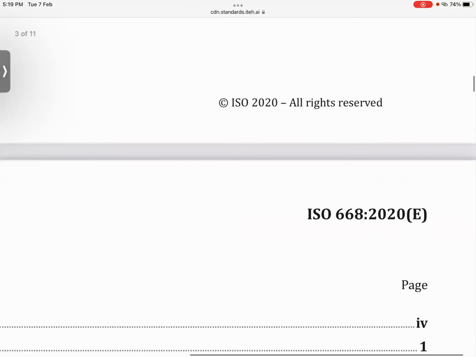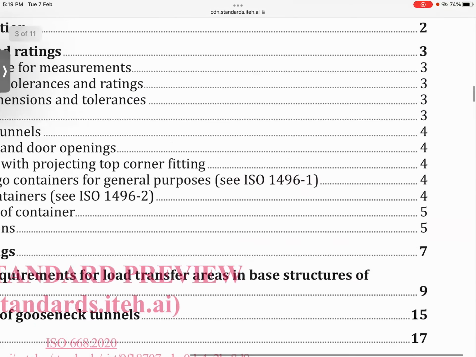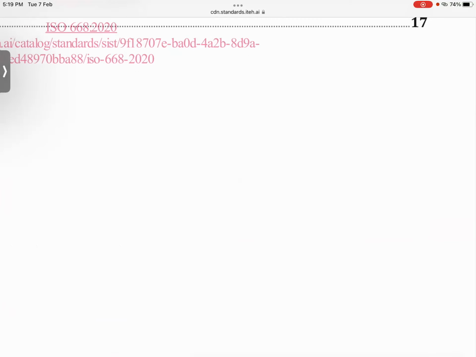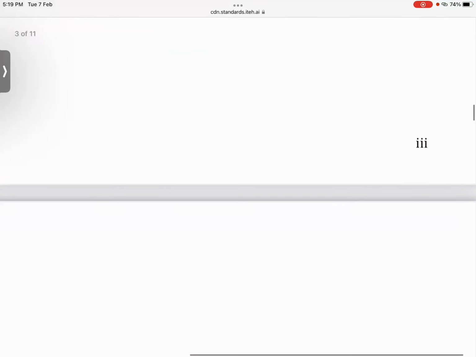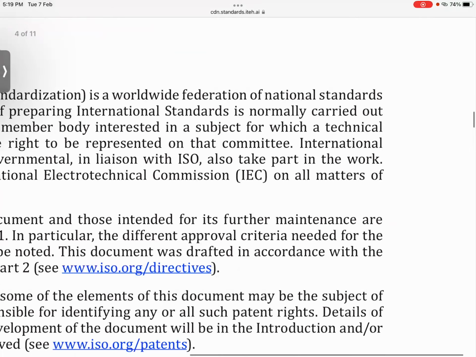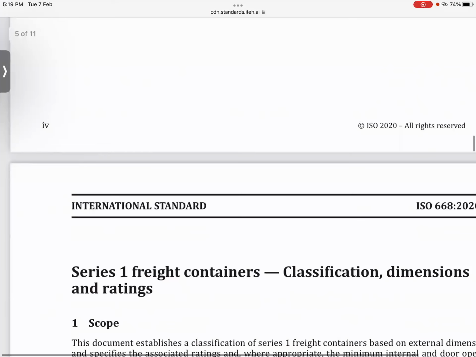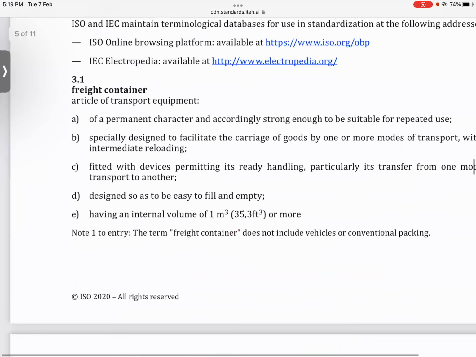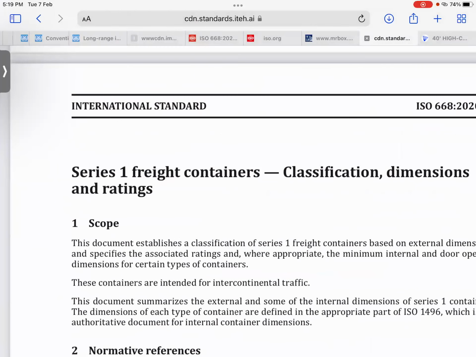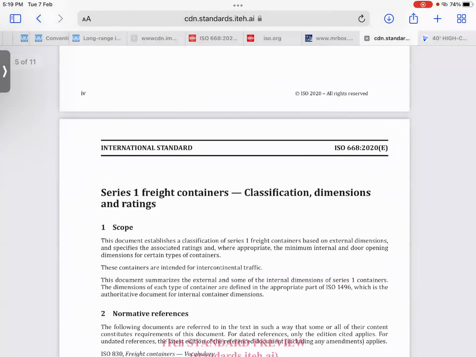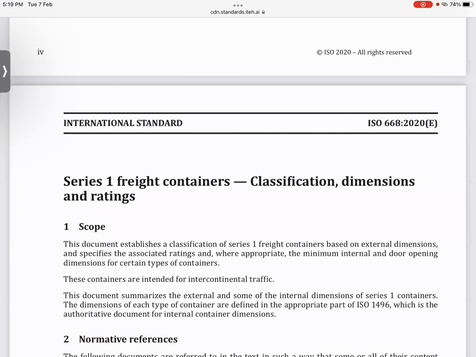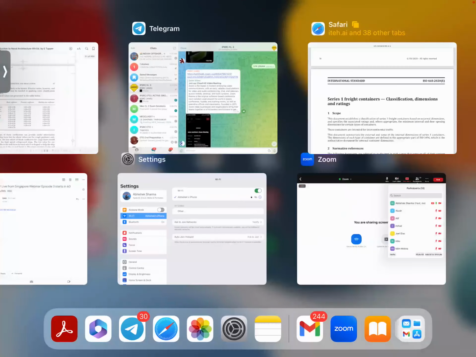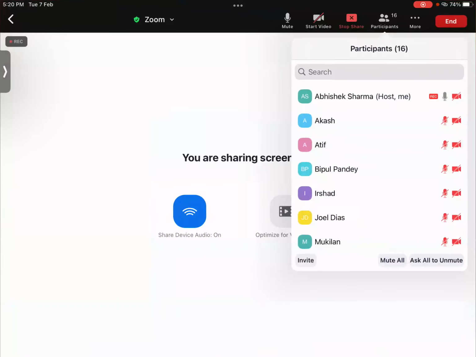A little bit of tolerance is given in the construction: 5 mm in the height and width and 10 mm in the length. That much tolerance is allowed. This is the standard for the series 1 freight container. So shall we proceed back to yesterday's topic?